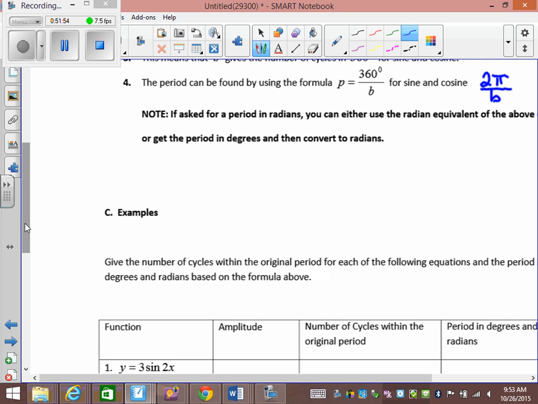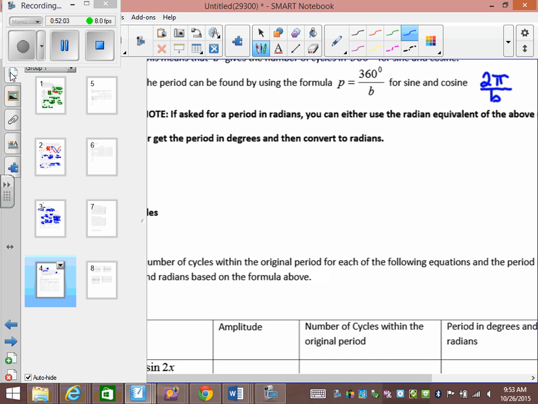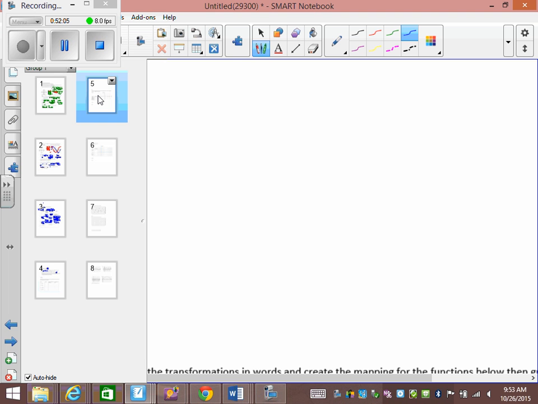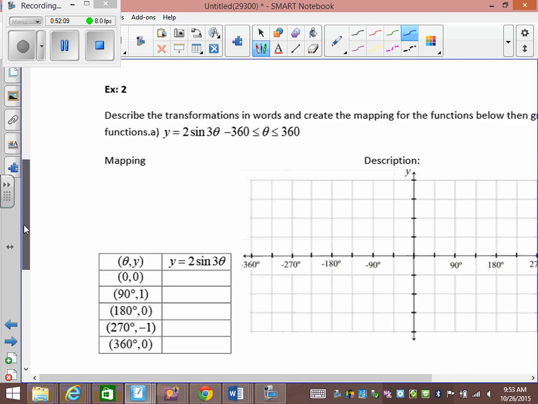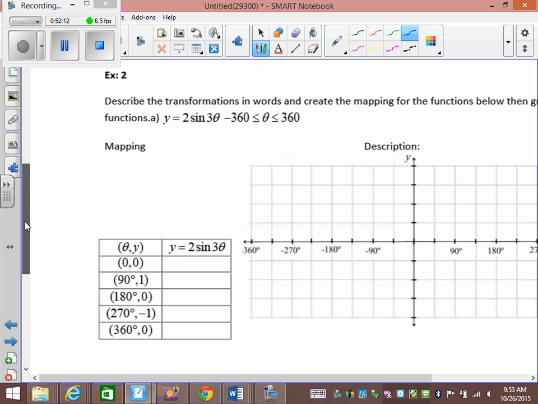So, what I want you to do is flip past this example over to example 2. We want to describe the transformations in words and create the mapping to the function below, for the graph y equals 2 sine 3 theta between negative 360 and 360.